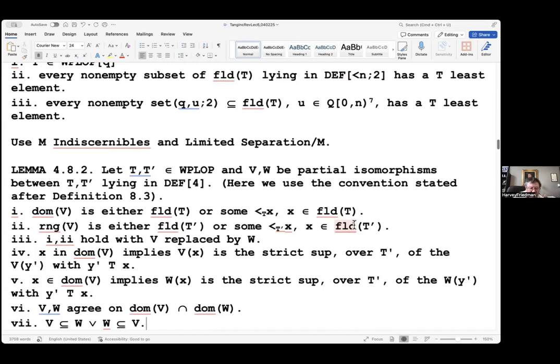The fourth thing is that if X is in the domain of V, then V of X is the strict sup over T prime of the V of Y prime, where Y prime T X. Here's the abusive notation where I'm treating partial isomorphisms as actually functions, even though they're multi-valued.